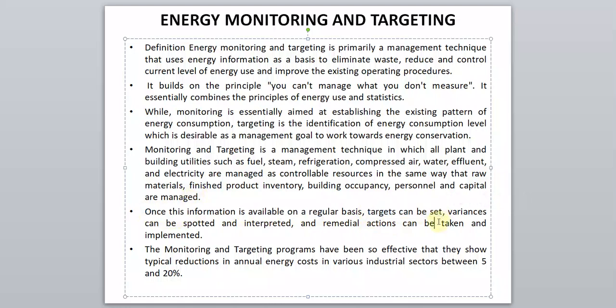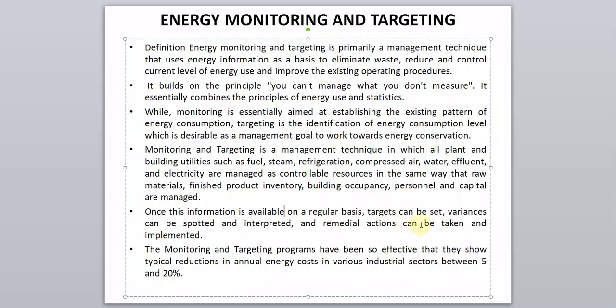For example, suppose you monitor a particular industry for one day and in that day there is a consumption of 2 kilowatt hour. Now you have to set some targets in order to reduce the energy consumption. So we set a target of 1.5 to 1.7 kilowatt hour, which is 10 to 20% less than the actual. That can be done.